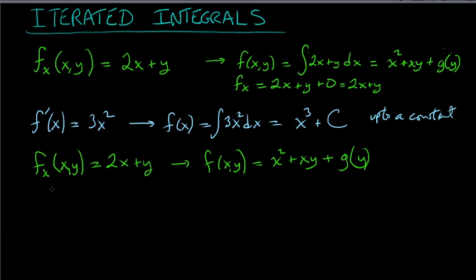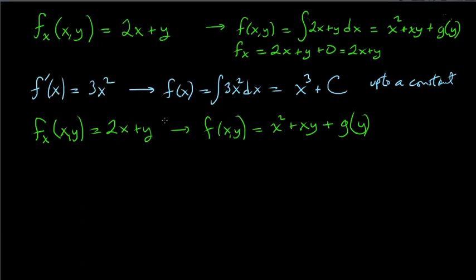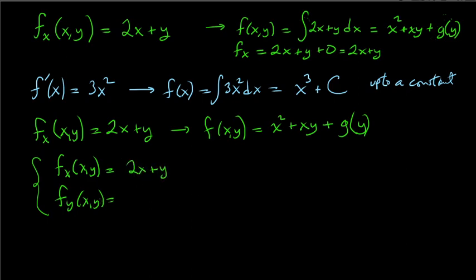So then the question becomes, well, suppose you know both partial derivatives, with respect to x and with respect to y. So suppose the x partial is still 2x plus y, and let's say the y partial is x minus, well, let's do 3y squared to be a familiar function.